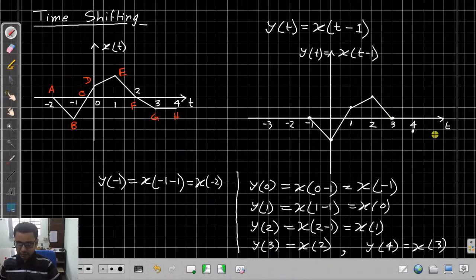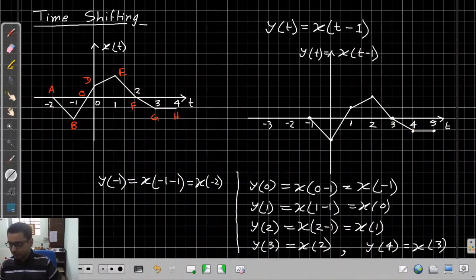Similarly, y(5) will be the same as x(4), which is this point. Now let us join these points also, and this is how the graph is going to look like.